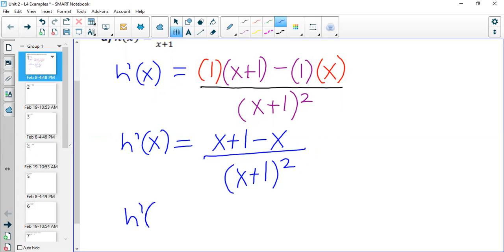So that means that h prime of x is going to be equal to 1 over x plus 1 squared. Notice, because the numerator is very simple, I can keep the numerator as 1, and there's no need for factoring the numerator. Therefore, the denominator also does not have to be expanded or factored.